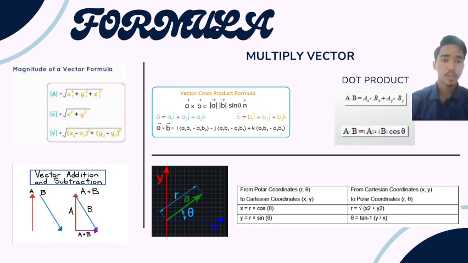As you can see, the black diagram shows the vector in a graph representing x and y, and we have a vector A. To find the coordinates of x and y, we use a formula from polar coordinates to Cartesian coordinates.